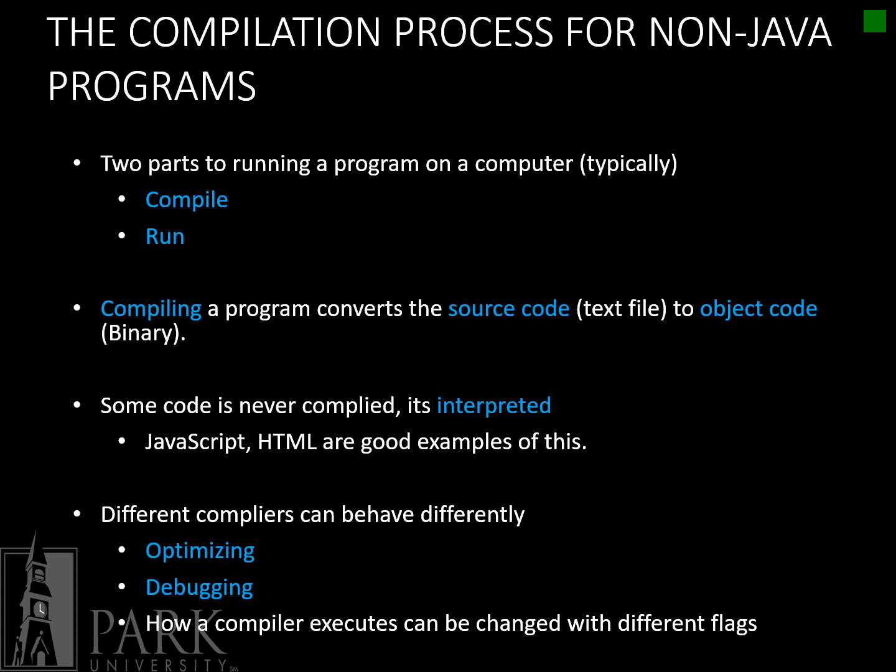Okay, and different compilers can behave differently. So when you're compiling a program, you can compile it to be optimized, or you can compile it to be more beneficial to debugging, right? So that's going to change the output of your program depending on what you want to do.